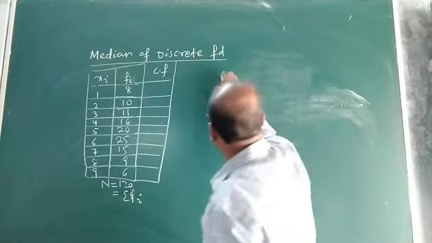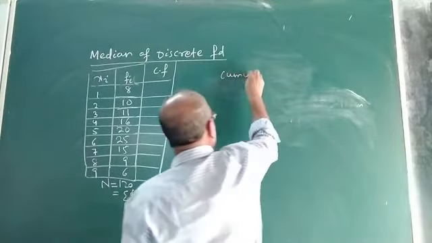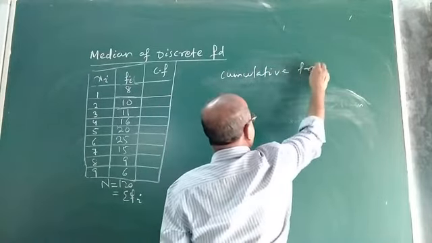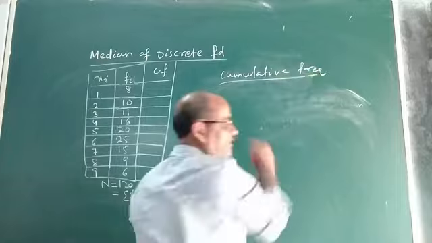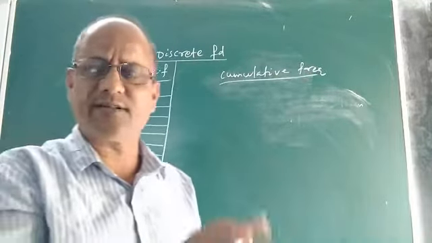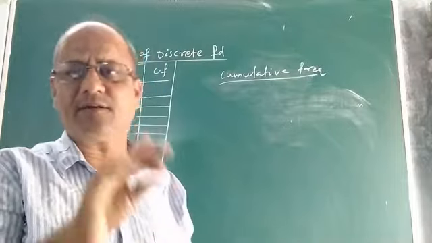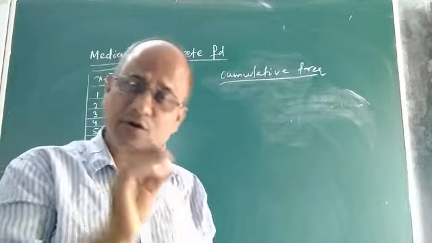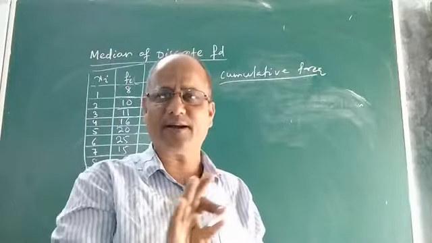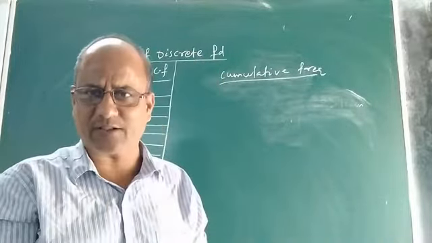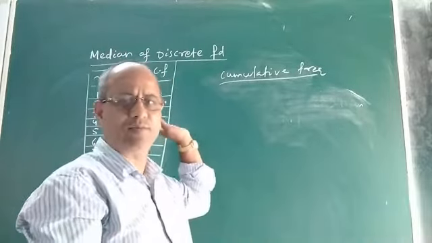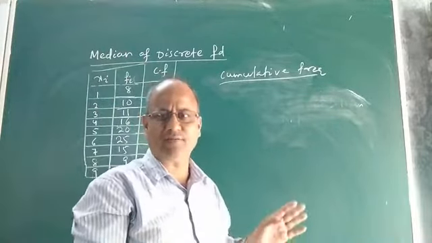If we do not understand what cumulative frequency is and how to find it, then we cannot find the median of a discrete frequency distribution. We know frequency, but we do not know what cumulative frequency is because we have never read it. In class 9 also it was not there. So let us first understand what is cumulative frequency.